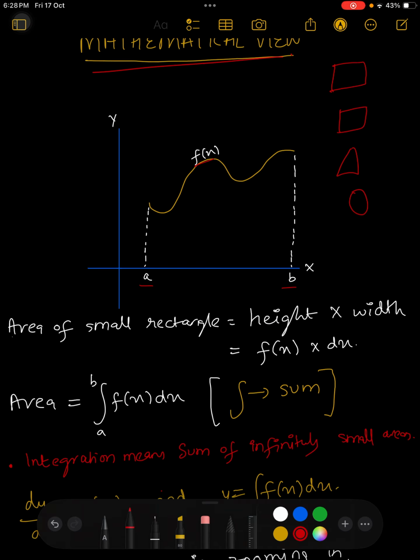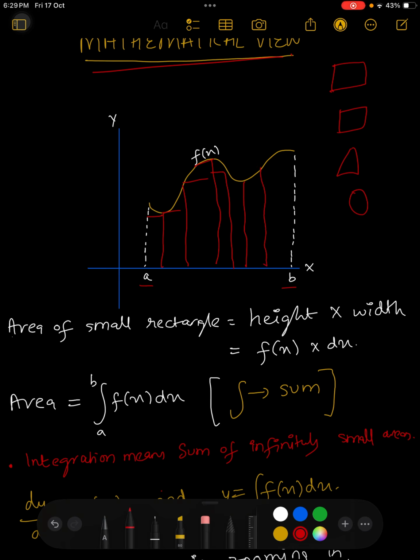For this we use integration. We find the area under the curve. So how did the scientists proceed? We'll divide this portion into subdivisions, and we'll make rectangles.